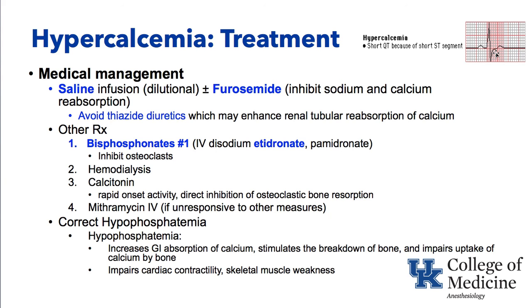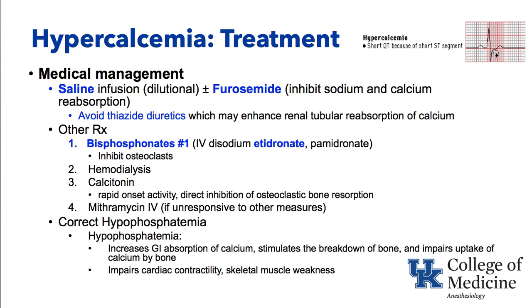So we dilute the calcium with saline, we get rid of it from the kidneys and out in the urine with Lasix, and then we can stop the osteoclast from releasing it from bone with bisphosphonates. And if the patient's really bad, you can take them for hemodialysis. You can also give calcitonin, which has a relatively rapid onset of activity with direct inhibition of the osteoclast. And then if unresponsive to these other drugs, mithramycin is another drug that can be given, which I've only given one time in my life to a severely hypercalcemic patient.